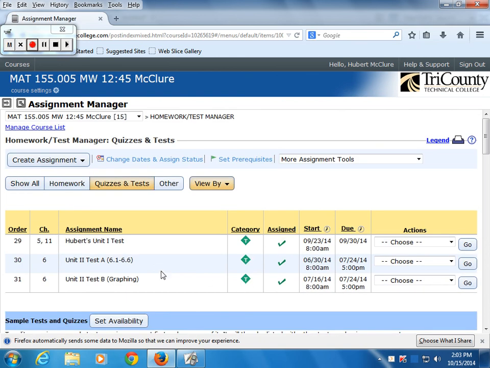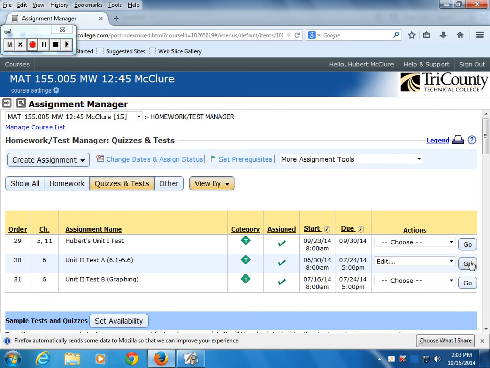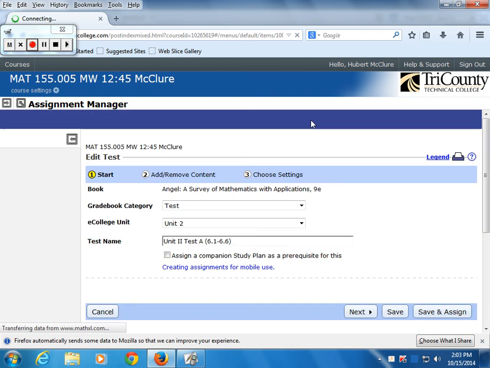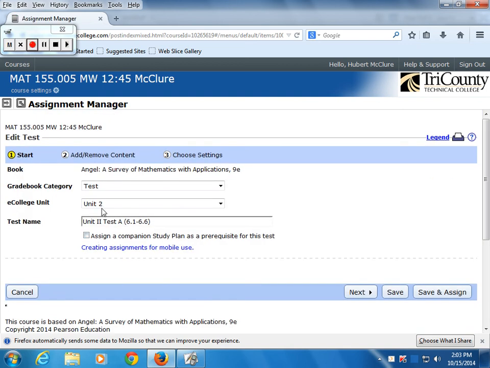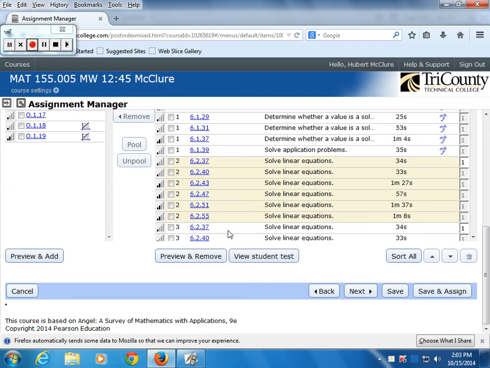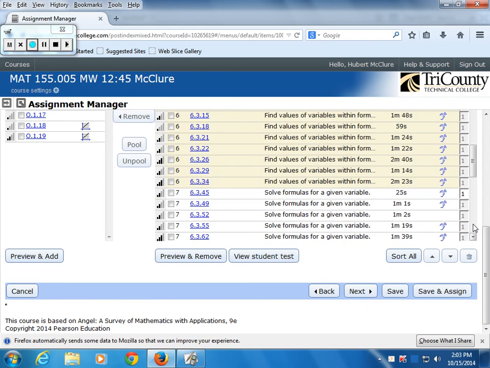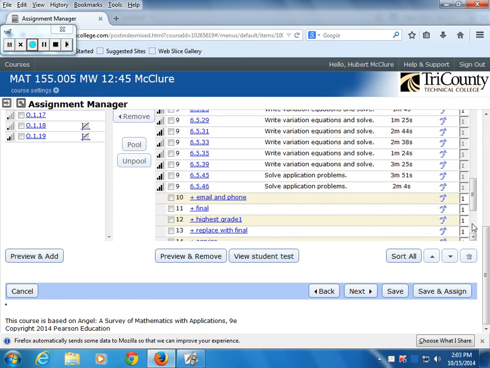There y'all is. Now let's look at it before I assign it. Let's see, edit. 6.1, 6.2, 6.3.